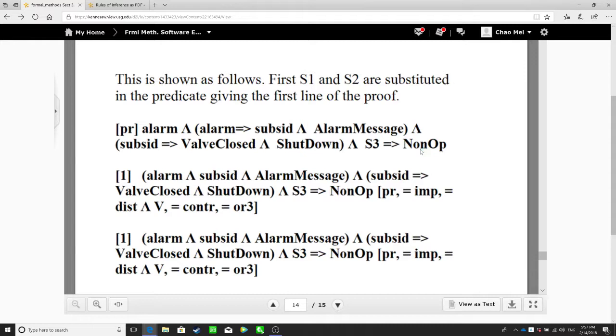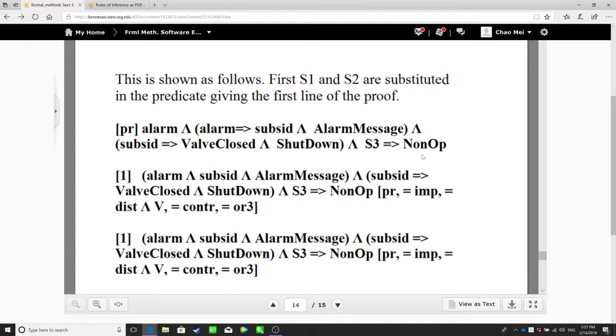What you need to do is play around with those rules and combine different things to see if we can actually get a true or get a false from there.